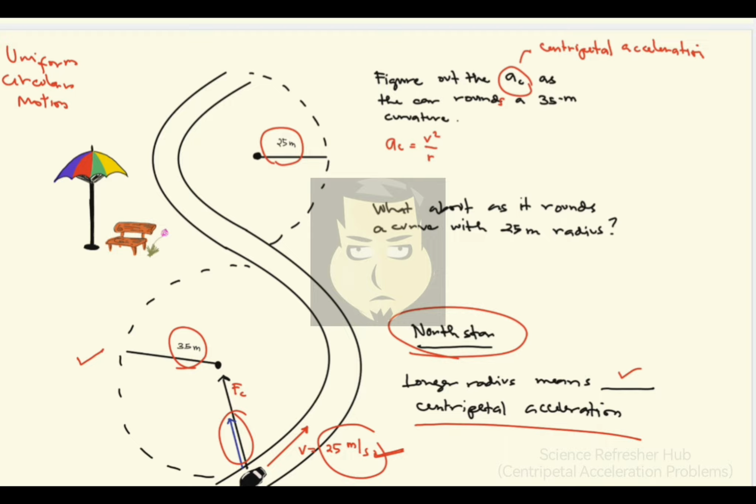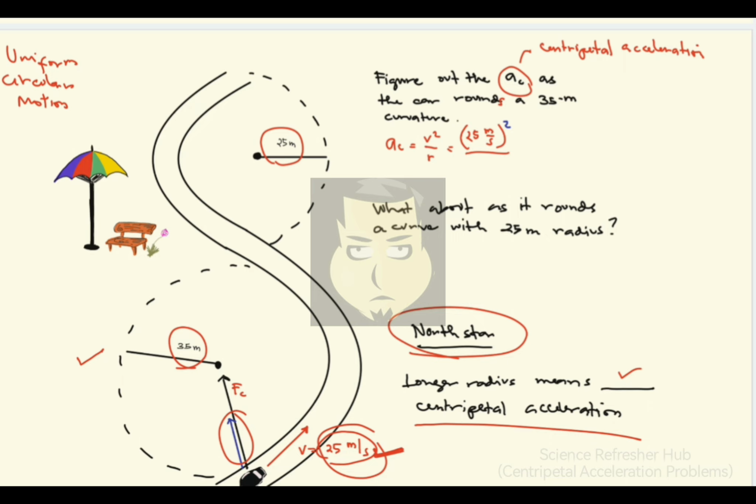It's very clear. I hope you're following. We will change V into this value. So V is 25 meter per second. Don't forget to square it, divided by the radius as it crosses on this curvature.